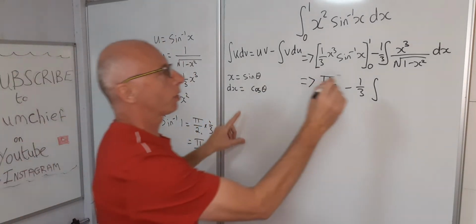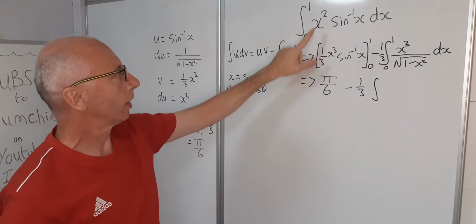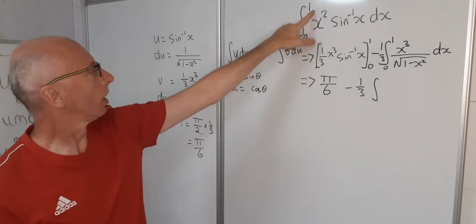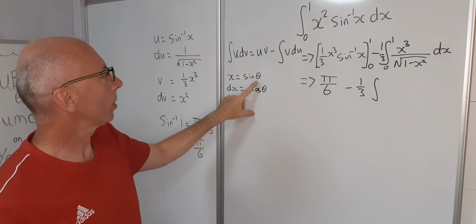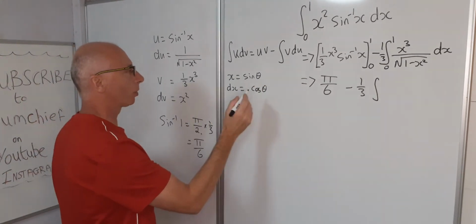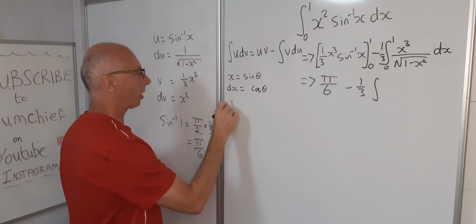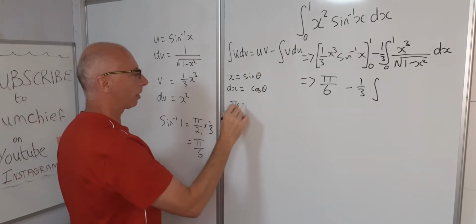Right. Just put the parameters of integration back in there now, because we're going to need to change those a little bit. So if x equals sine theta, when we put 1 in there, we need what the sine is going to be 1. So therefore we need to put in pi over 2. So sine of pi over 2 is 1. And for 0, we get 0.